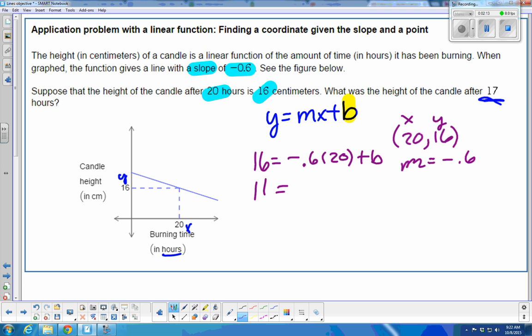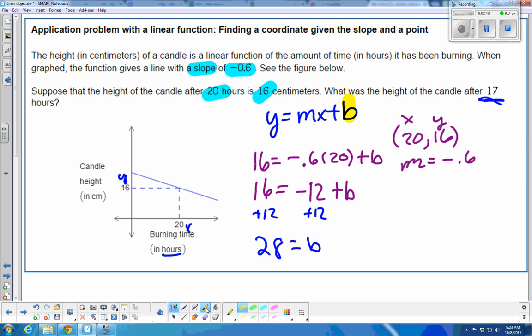So I have 16 equals negative 12 plus b. Now you want to add that 12 over to the other side, so plus 12, plus 12. So I get b is equal to 16 plus 12. That's going to give you 28. And then from there, all we need to do is write the equation because we have everything we need.